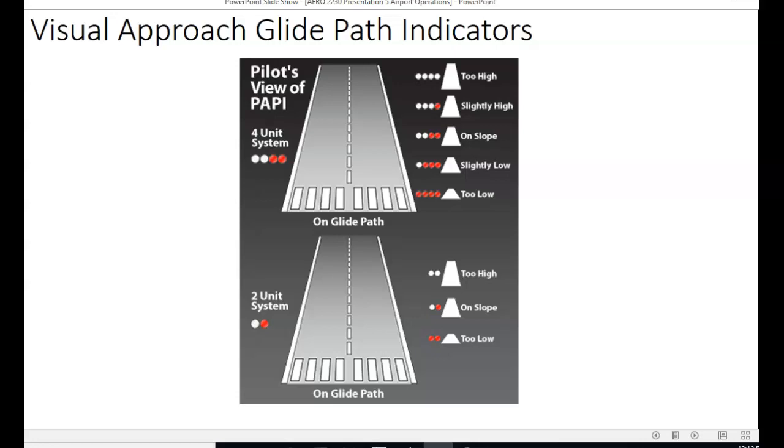If you saw 4 red, that means you're too low. 3 red and 1 white means that you're slightly low. Again, 2 red, 2 white means you're right on the glide slope. 3 white, 1 red means you're slightly high, and 4 white means that you're too high.